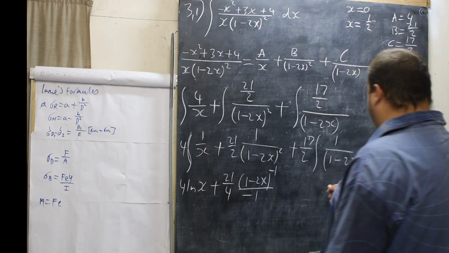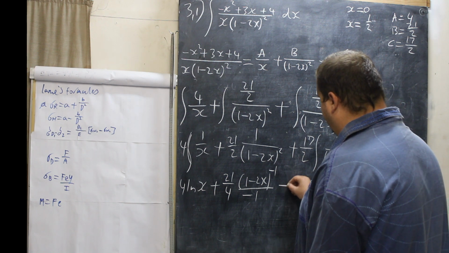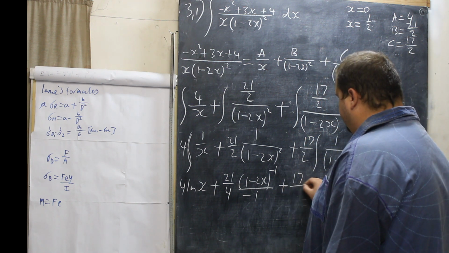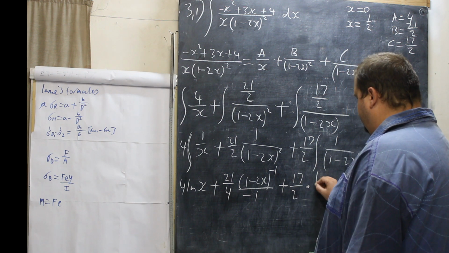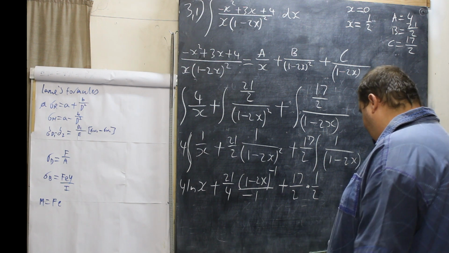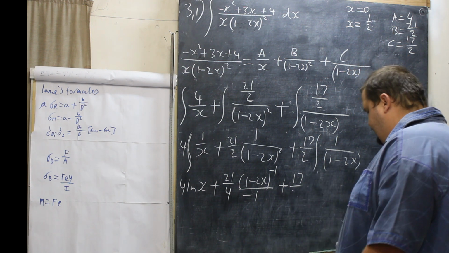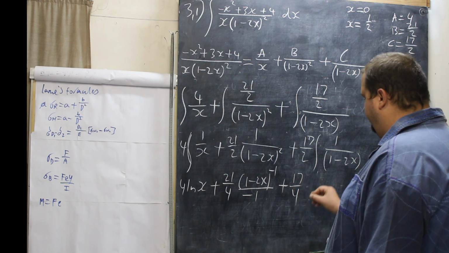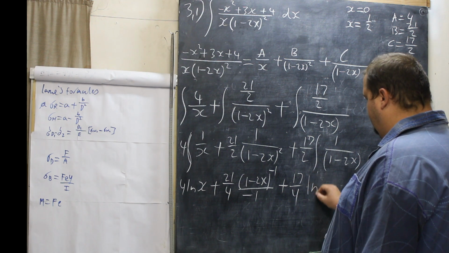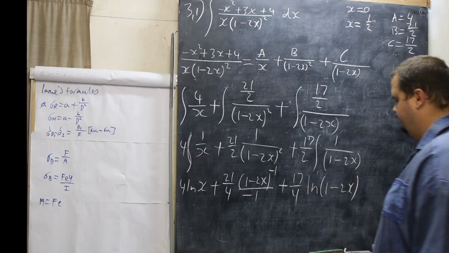Now this goes down to, now the 17 over 2 times a half is 17 over 4. And this will become then 1 minus 2x.